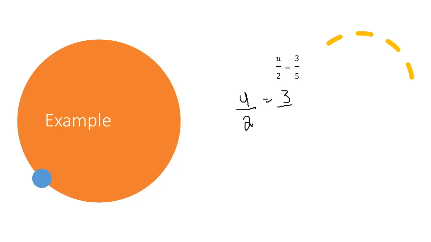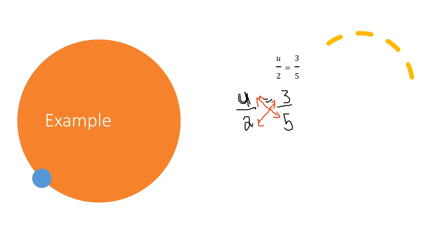So again, if you don't like the letter u, you could use an x here. So for cross multiplication, it's exactly as it sounds. We're going to multiply across the equal sign. So we're going to multiply these two terms together and these two terms together. Okay. Doesn't matter which one you do first. I could do 3 times 2 on this side or on this side, right?